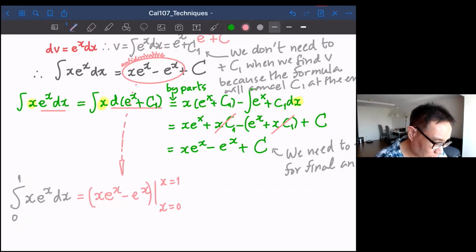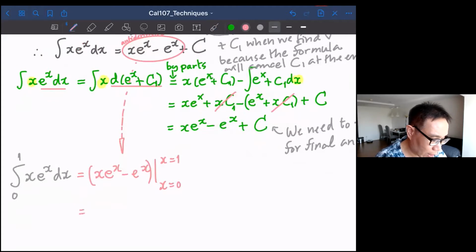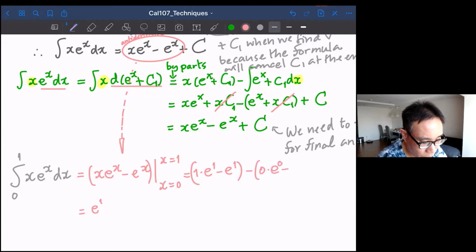So you're going to get e to the first times 1, so it's 1 times e to the first, minus e to the first, minus 0 times e to the 0, minus e to the 0.